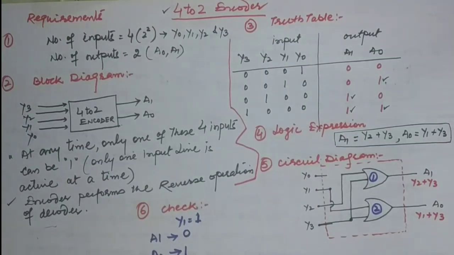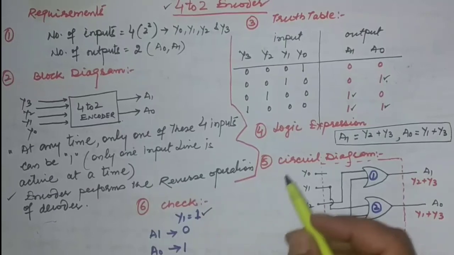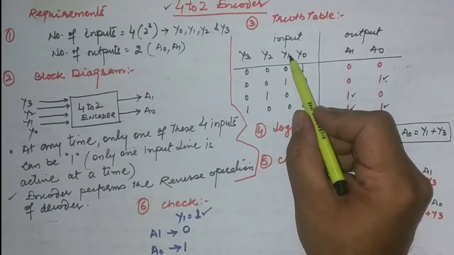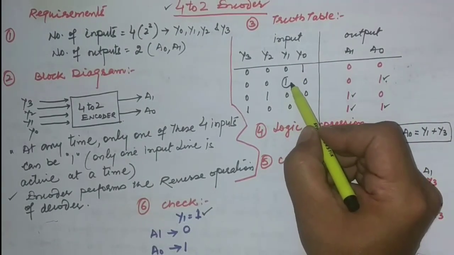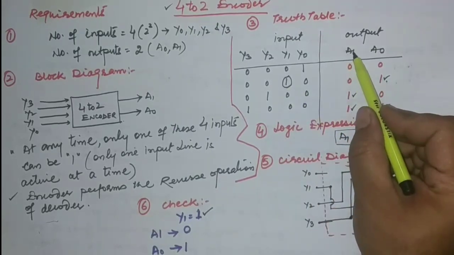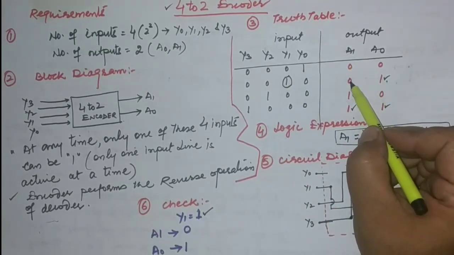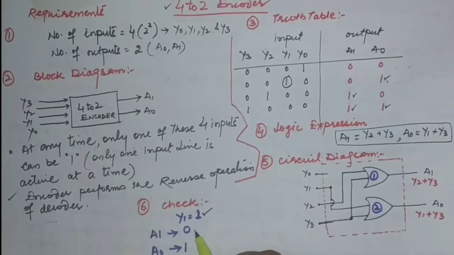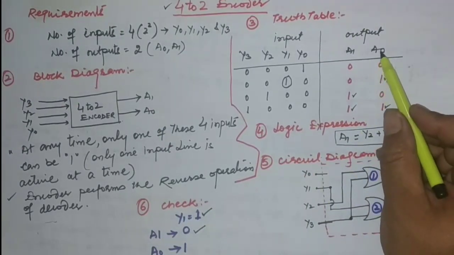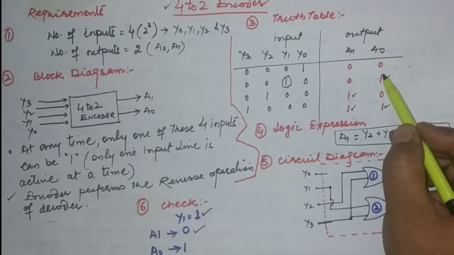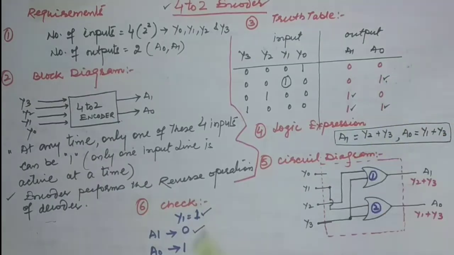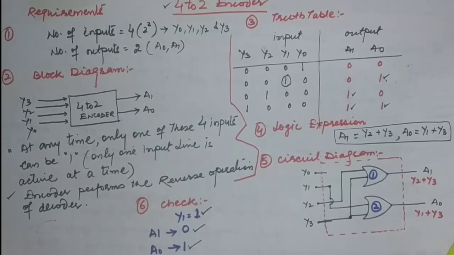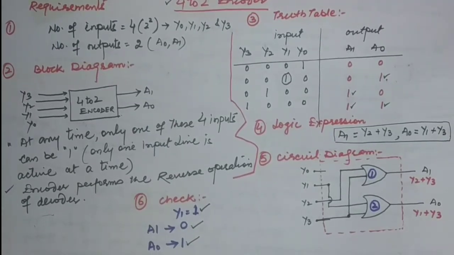It means that when y1 is equal to 1, the value of A1 is 0 and the value of A0 is 1. So this is the way a 4 to 2 encoder works.